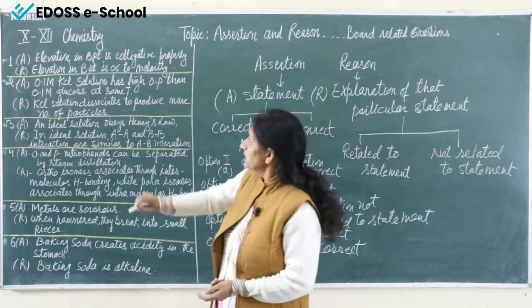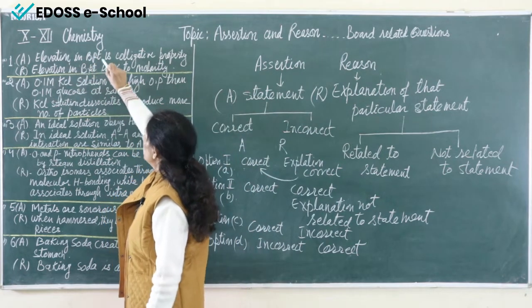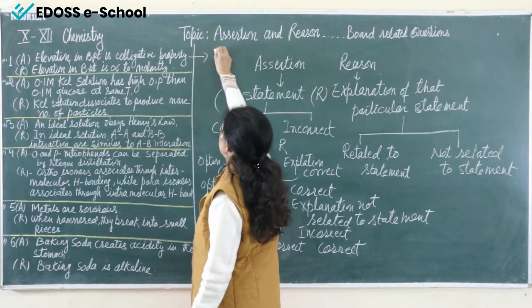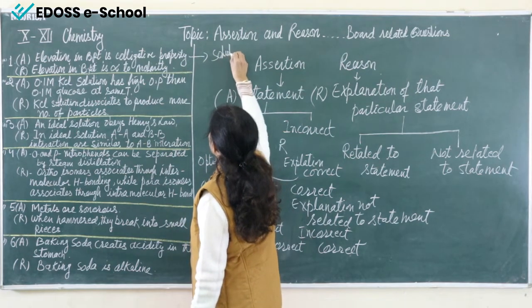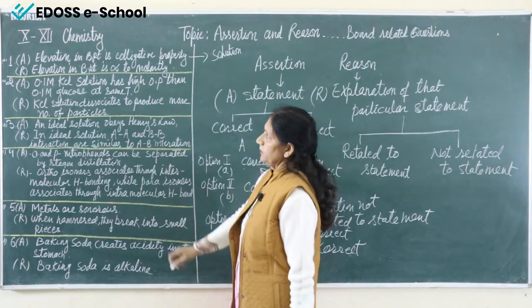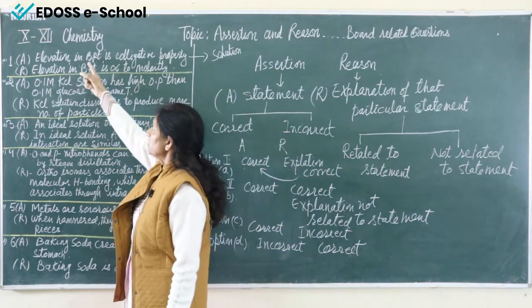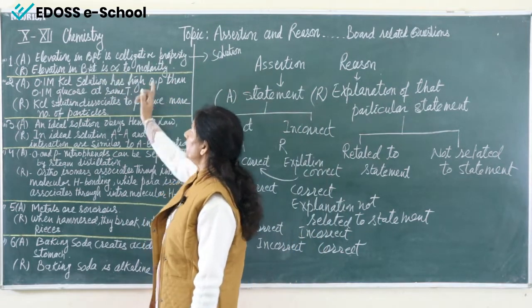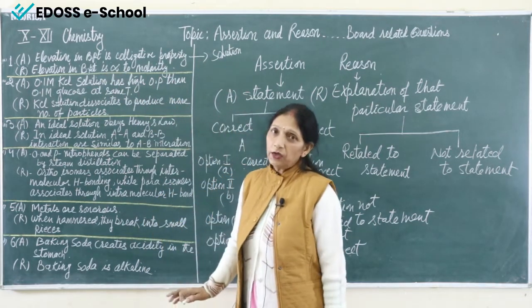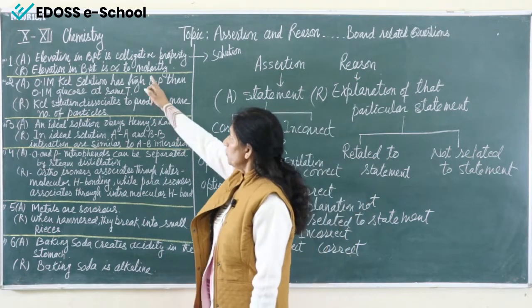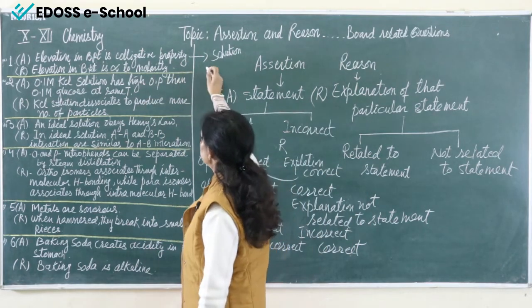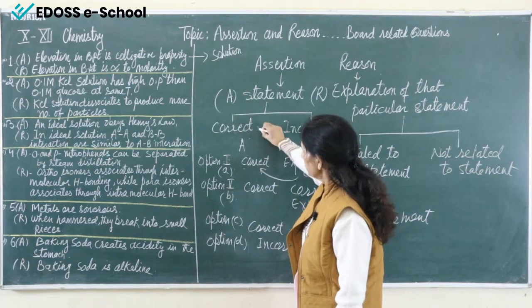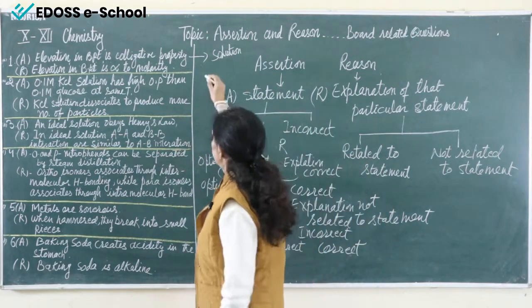We can say that this chapter is related to solutions, and this statement is totally correct. Elevation in boiling point is a colligative property, everybody knows it. So assertion is coming correct, A is correct.